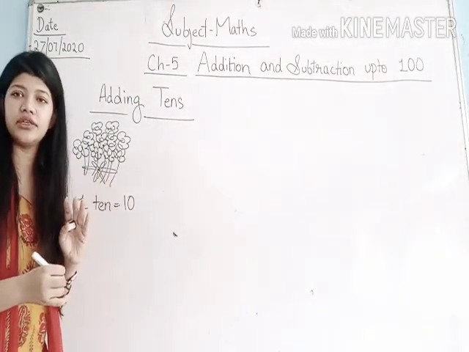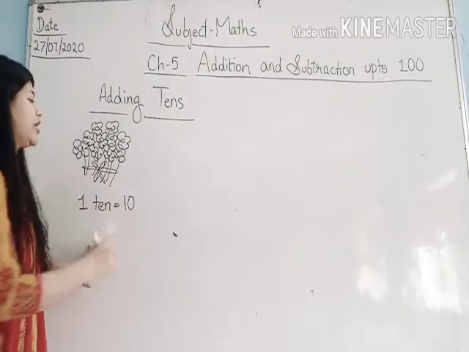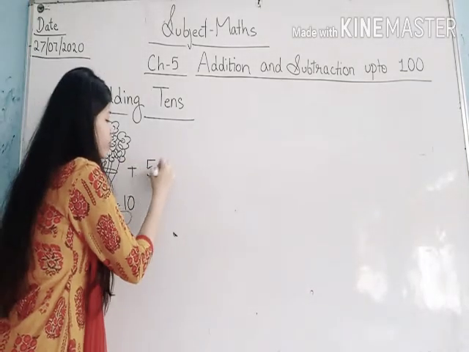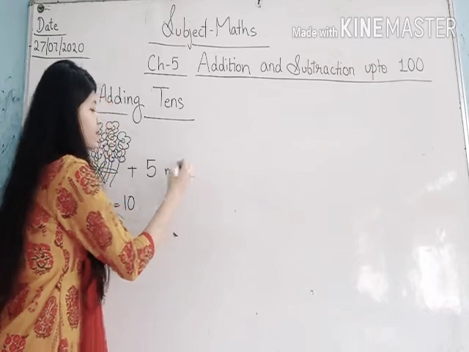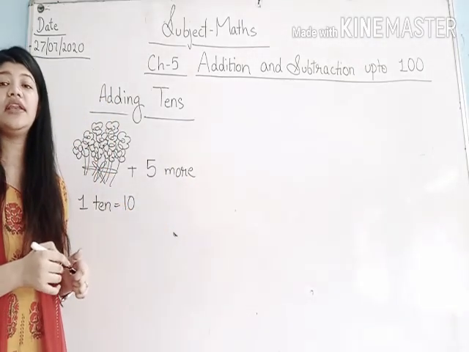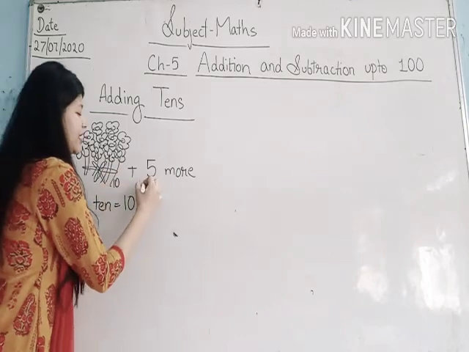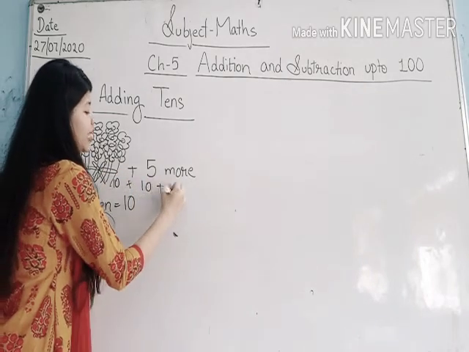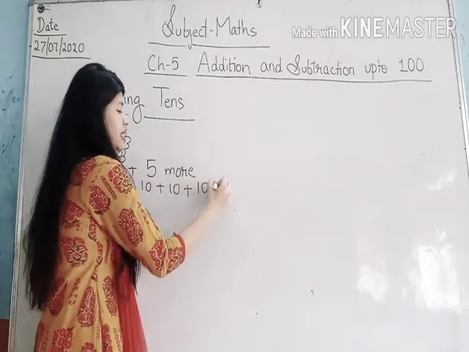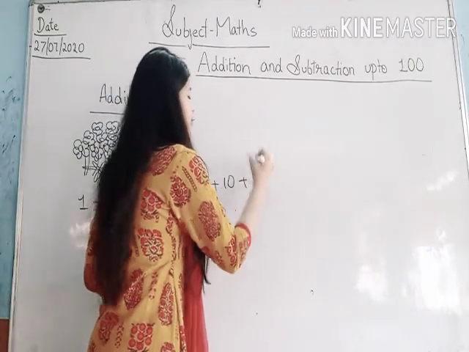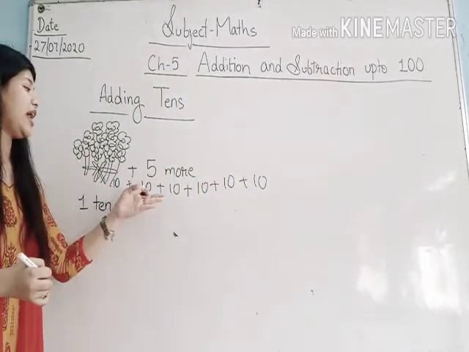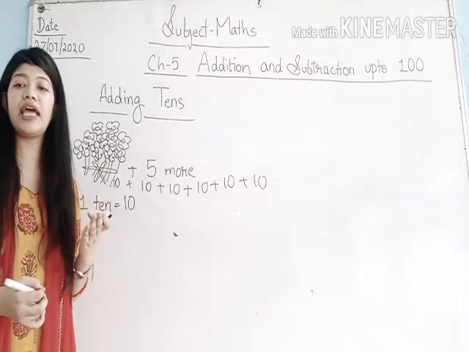We know that there are 10 flowers in a bunch. Similarly, if we take 5 more bouquets, then this will be 10 plus 10 plus 10 plus 10 plus 10 plus 10. Why am I adding 10 six times?